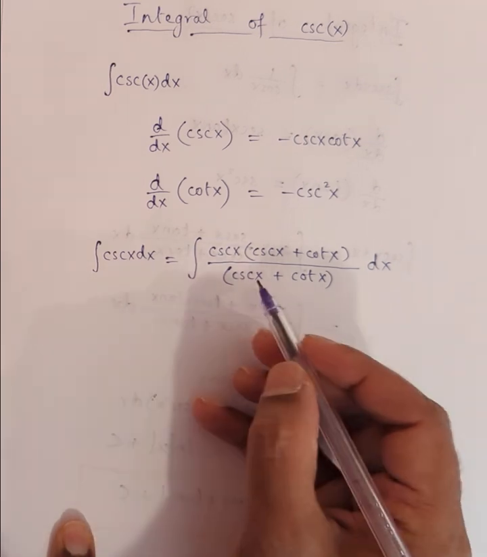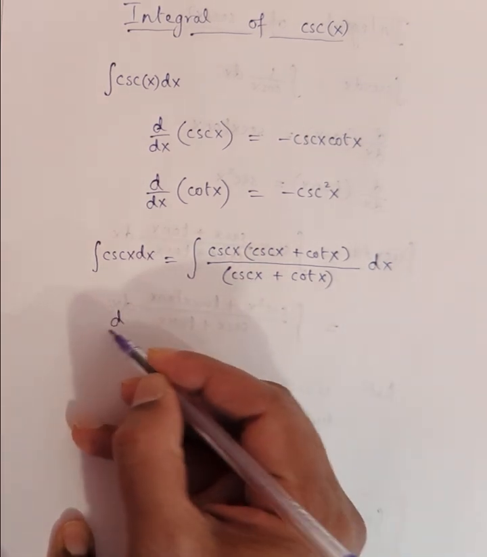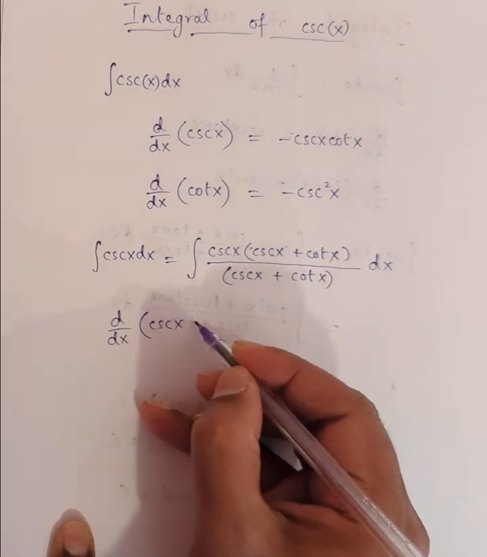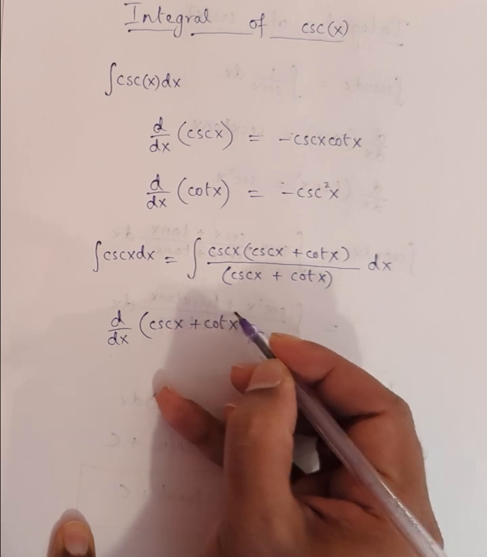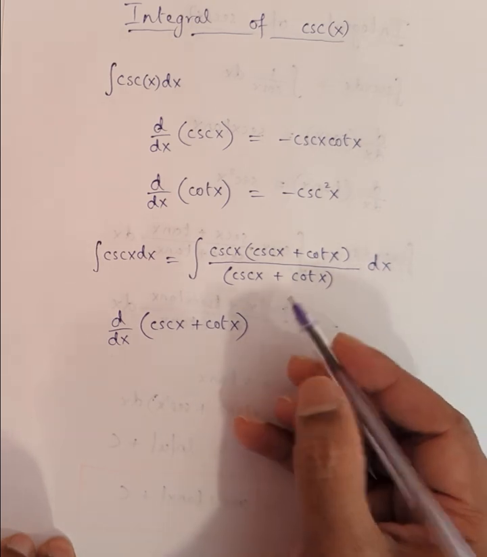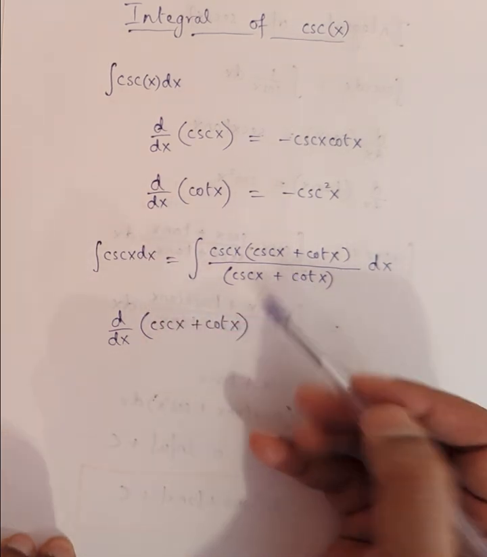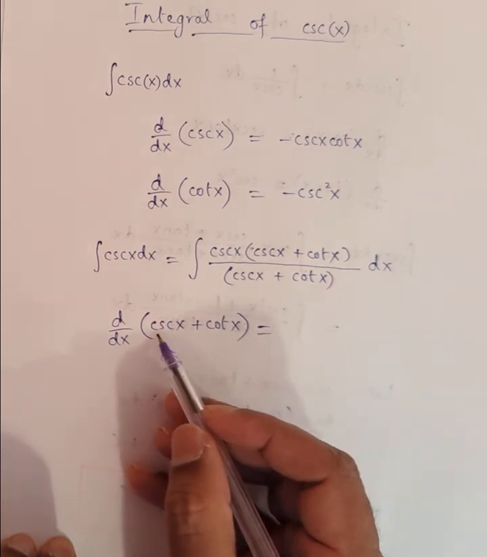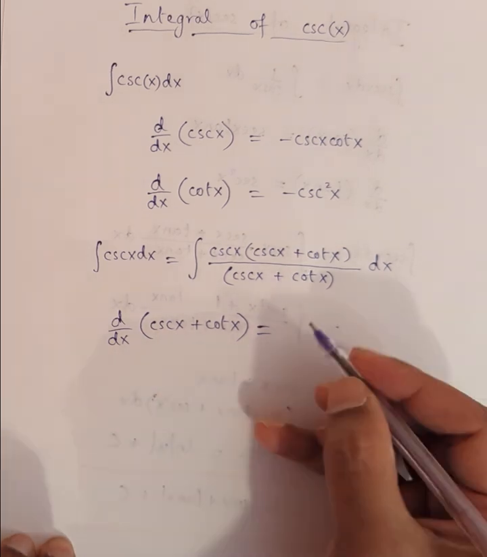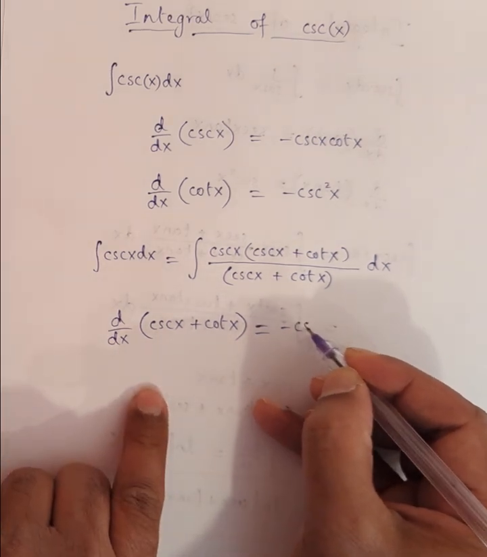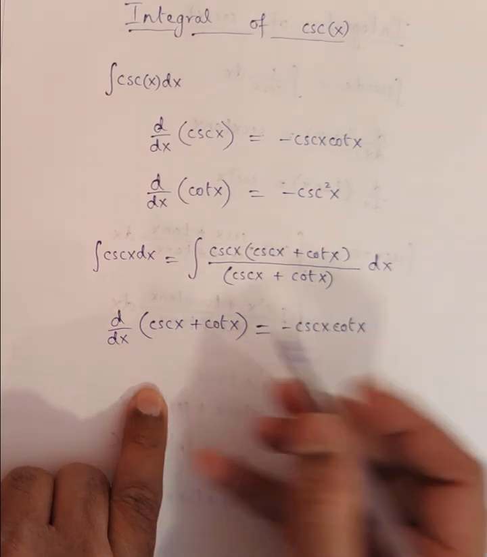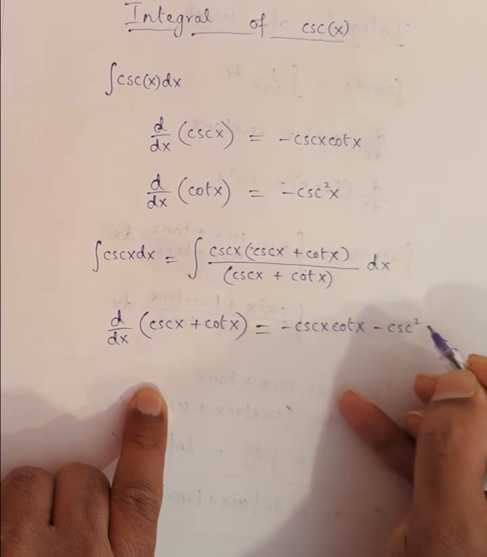So if I were to take the derivative of this cosecant x plus cotangent x, my goal is to just integrate 1 over u instead of this. So look at this. What is the derivative of, and I can differentiate each term separately, cosecant x? It has derivative negative cosecant x cot x, and cotangent x's derivative is negative cosecant squared x.